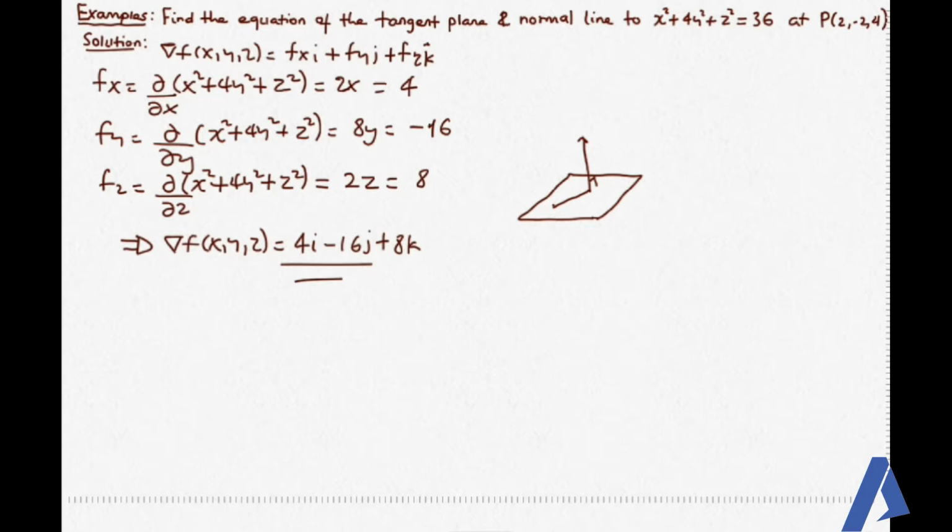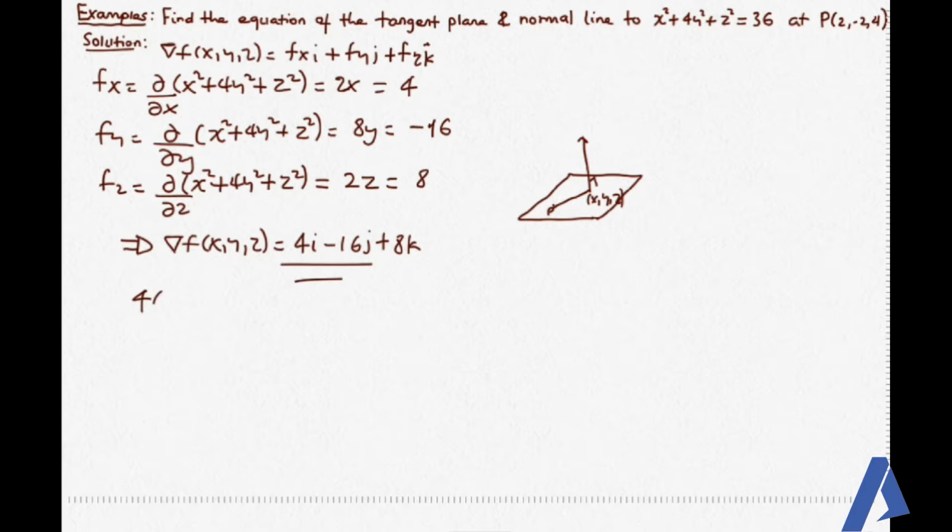ስለዚህ በዛ መሰረት የታንጀንት ፕሌናችን ኢኩዌሽን ማግኘት እንችላለን ማለት ነው። ስለዚህ if this is, let's say, an arbitrary point x, y, z, and this is the point given P, the normal vector dotted with PX will give us the equation of the plane.